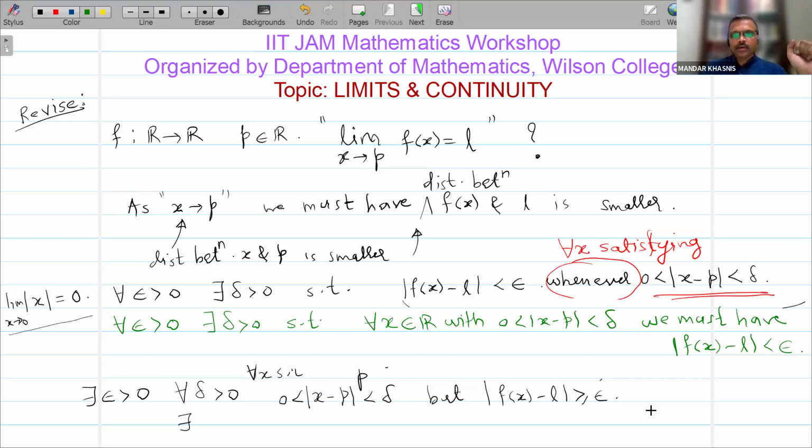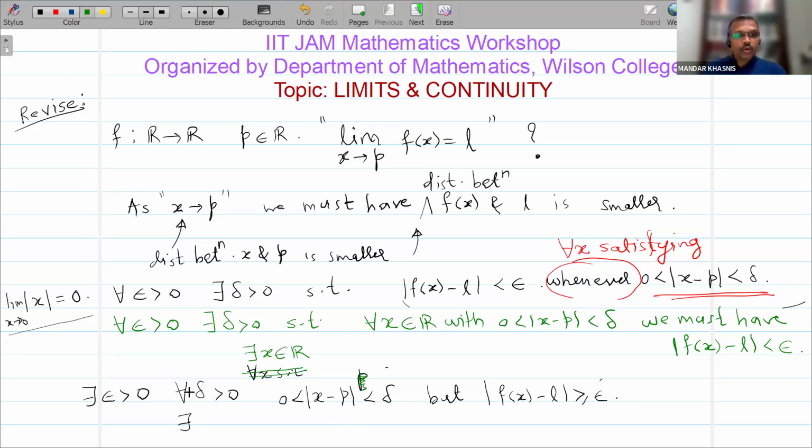You get my point? And now when you go for negation, it's more clear that, even mechanically we can do it, but we understand that this will change to: there exists at least one element in the domain such that it satisfies this condition, but its image doesn't satisfy the required condition.